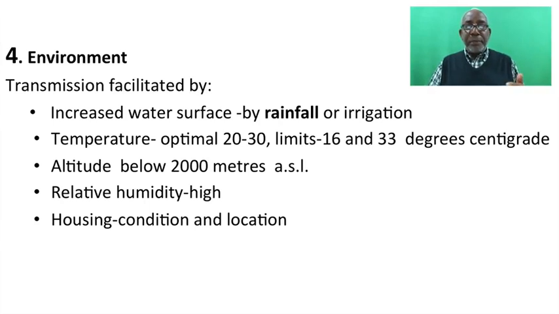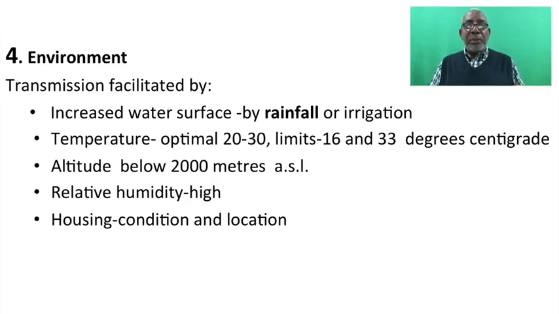Temperature: the optimal temperature for the breeding of mosquitoes, and to some extent for the development of the parasite in the human body, is between 20 and 30 degrees centigrade, with an upper limit of 33 degrees centigrade and a lower limit of 16 degrees centigrade.